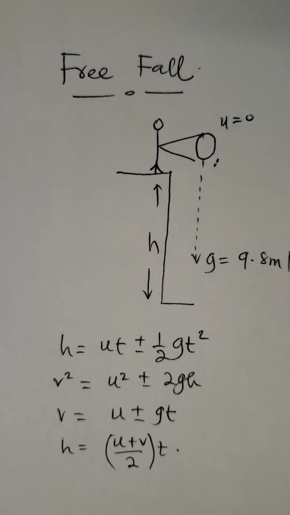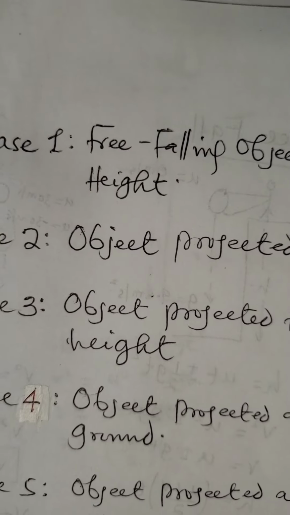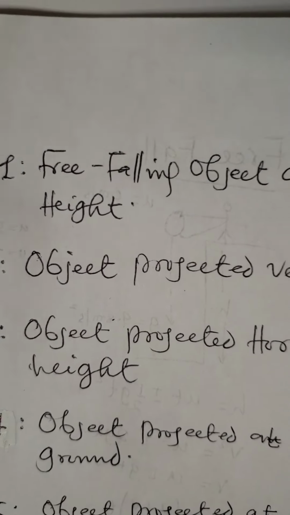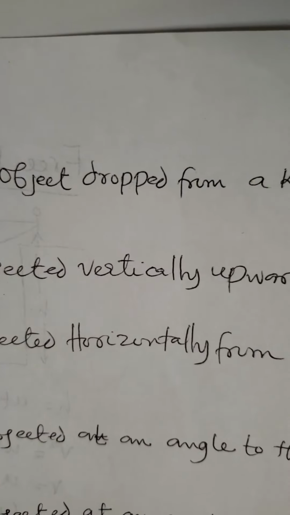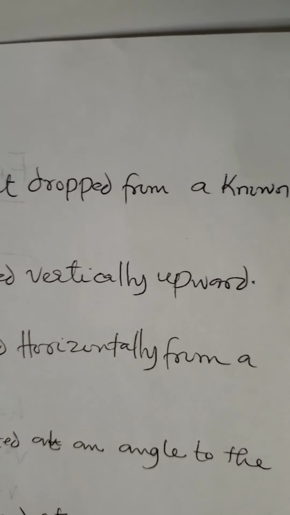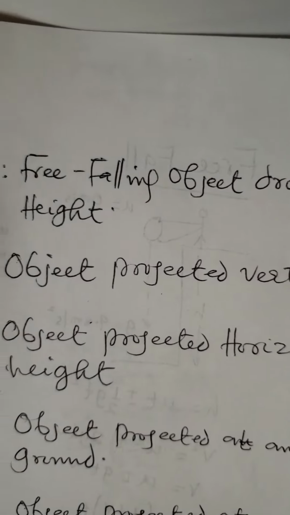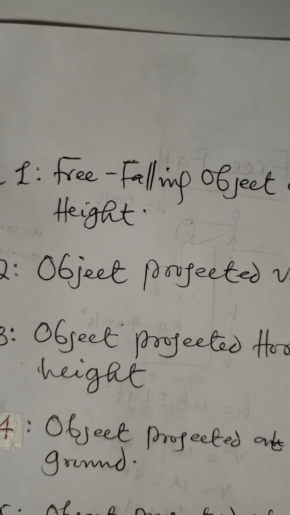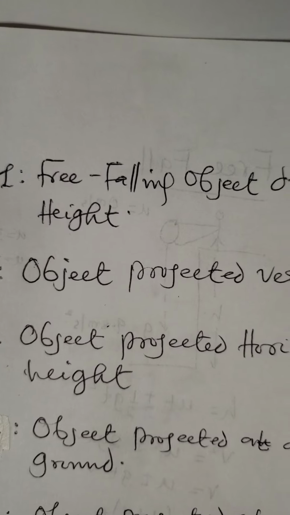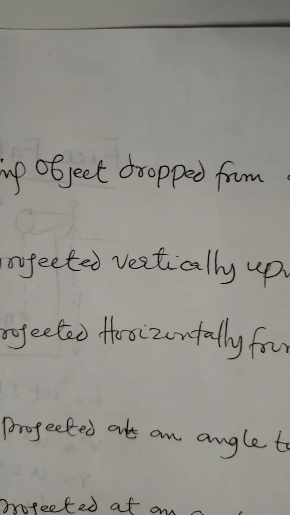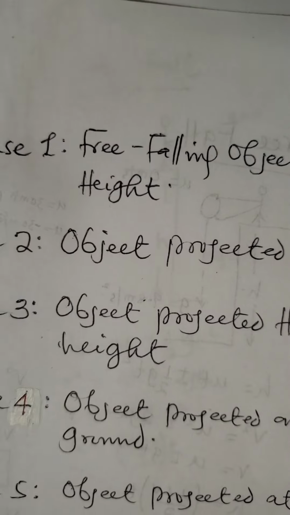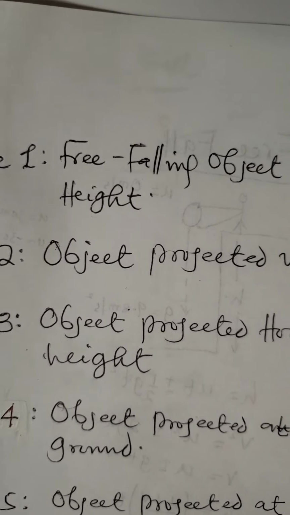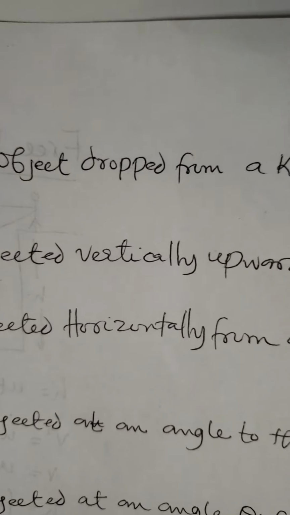Case 1 is termed free falling object dropped from a known height. Case 2, we're going to consider the motion of an object projected vertically upward. Case 3, we shall look at motion of an object projected horizontally from a height.